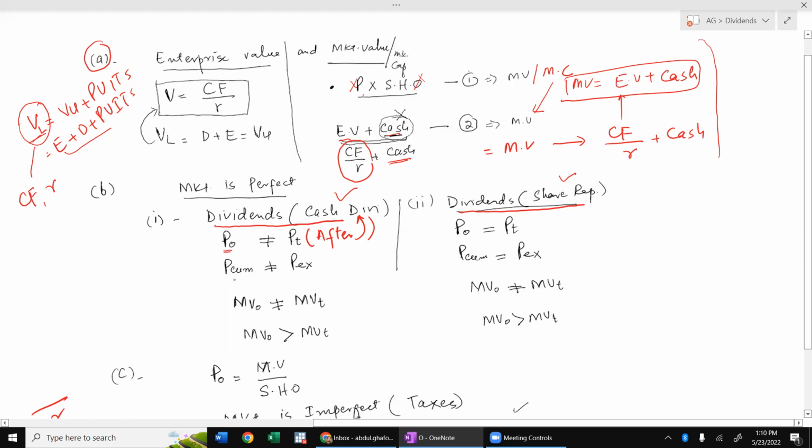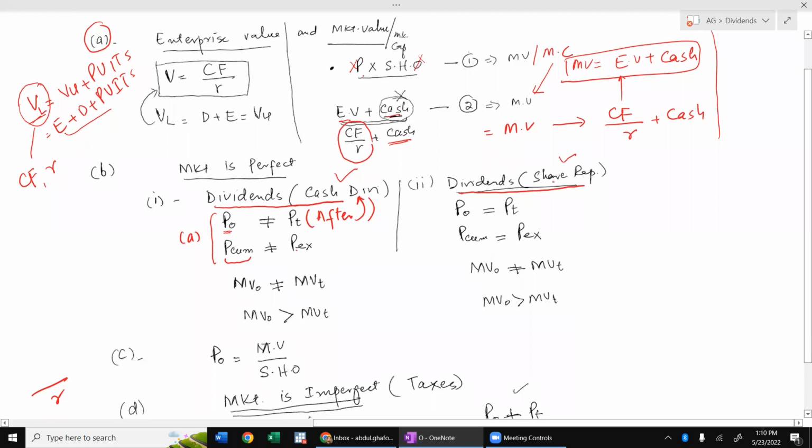In other words, the price cum-dividend, the price before the payment of the dividend, and the price ex-dividend, after the payment of the cash dividend, are not equal. This is number one.